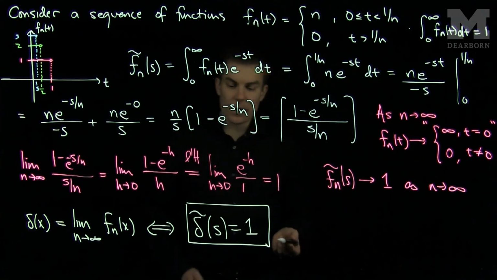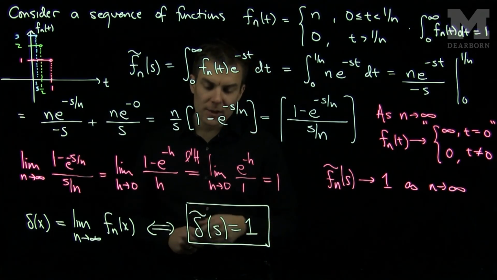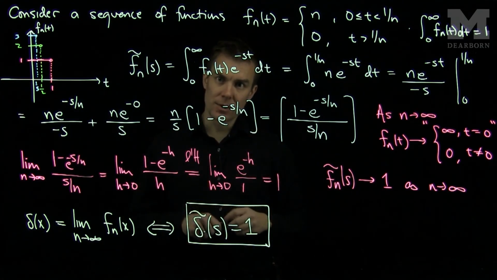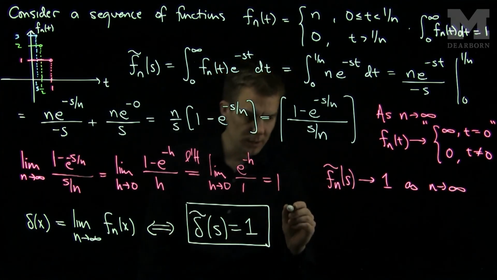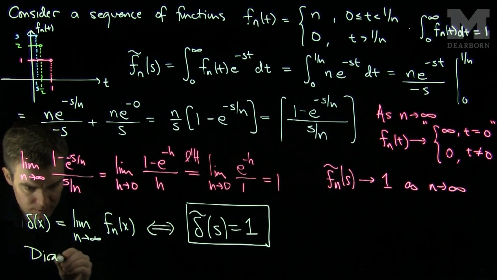So we see that unlike our other common functions, the Laplace transform of this function is identically equal to 1 and does not tend to 0 as s tends to infinity. In fact, this delta of x is called the Dirac Delta Function.